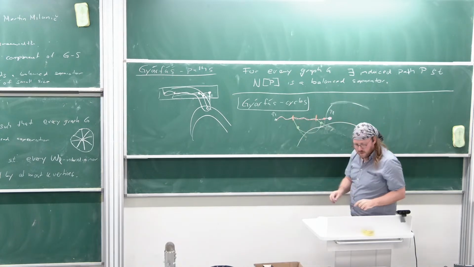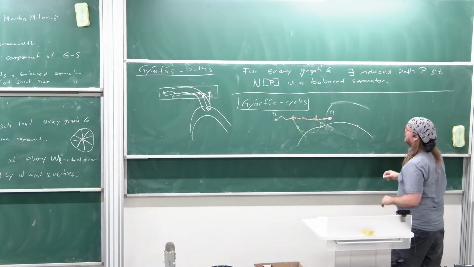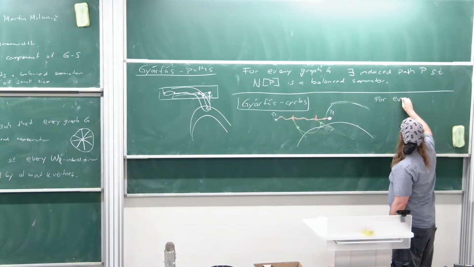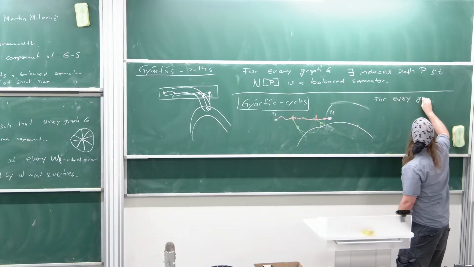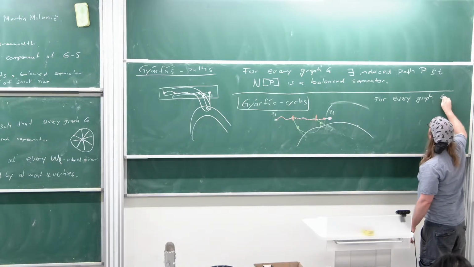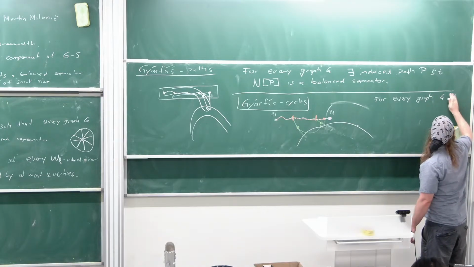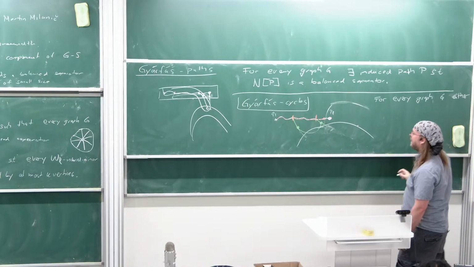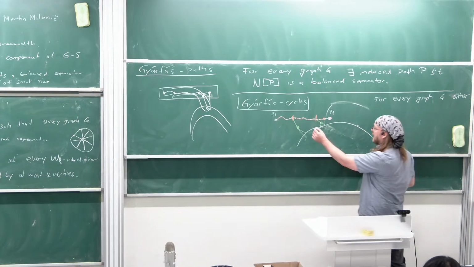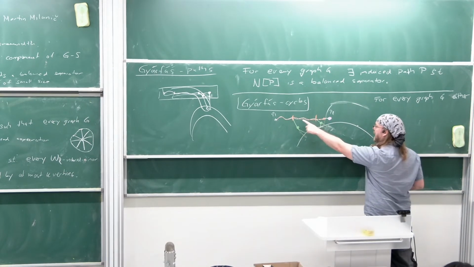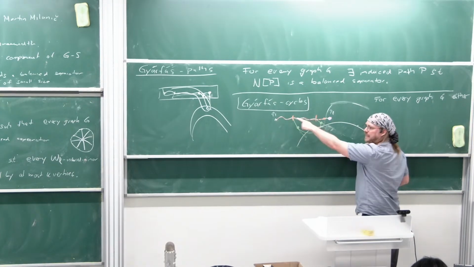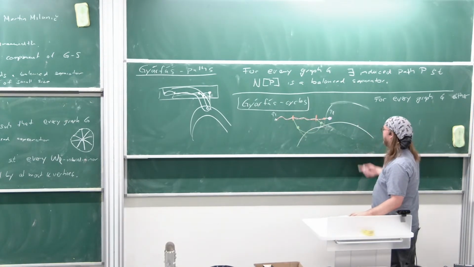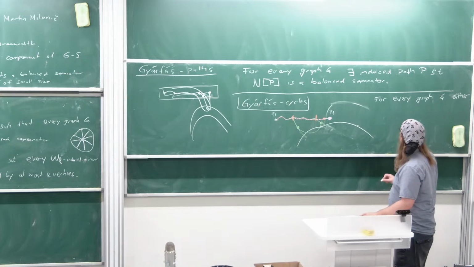So now what we are finding is this object here. So for every graph G, technically I skipped one case, namely the case where this here is just one vertex. In that case, we find a balanced separator of size 2.